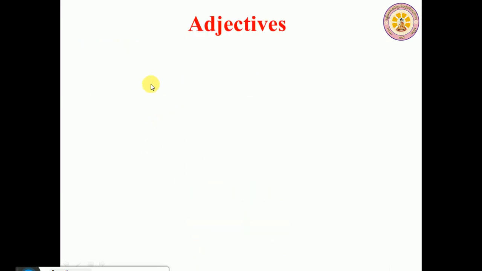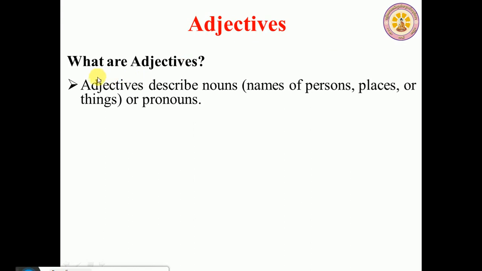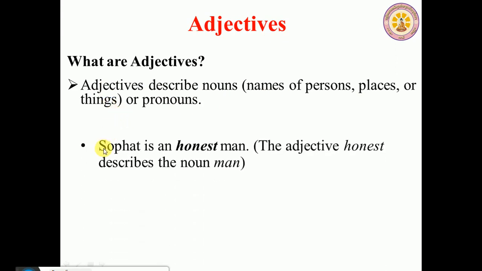Okay, look here. First, we study adjective. What is adjective? Adjective describes noun or pronoun. So we use adjective to describe noun or pronoun. Noun is the name of a person, place, or thing. Example here. Sophat is an honest man.